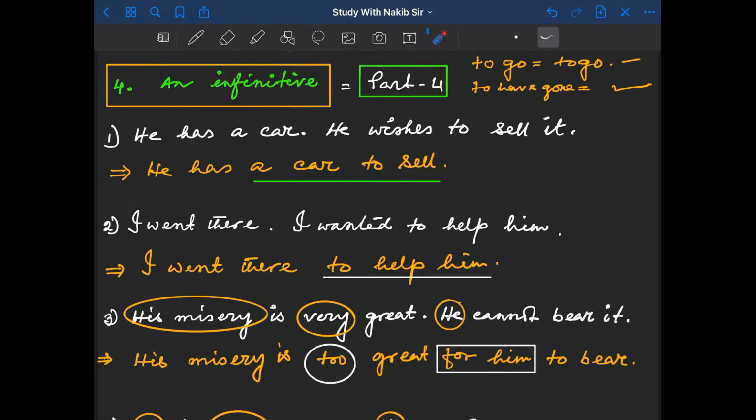Functionally, we have two infinitives. The first one is noun infinitive or simple infinitive, and the second one is called gerundial infinitive or qualifying infinitive.